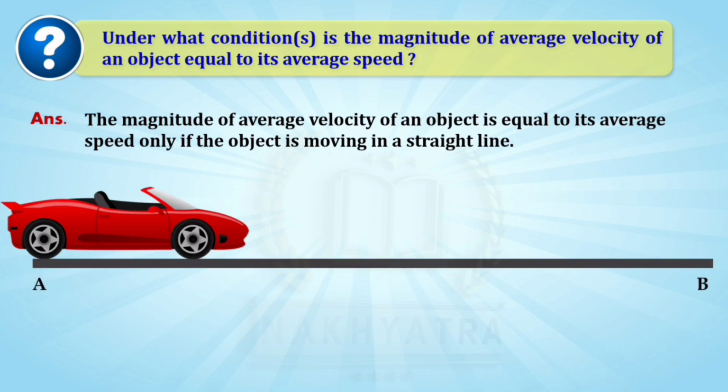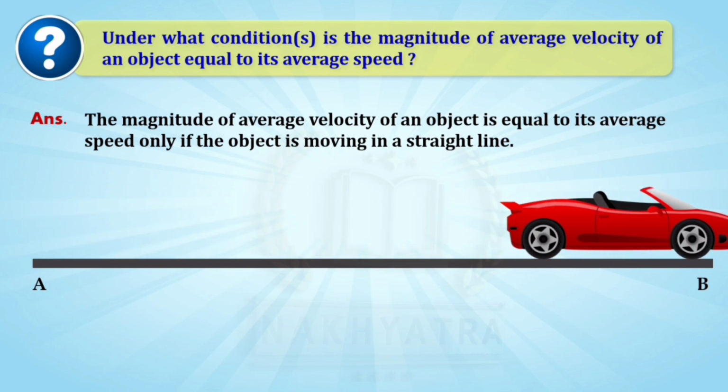See with an example, you will understand in a better way. The car is moving in a straight line from point A to B, right? So the magnitude of average velocity is equal to its average speed only when the object is moving in a straight line. Now are you clear?